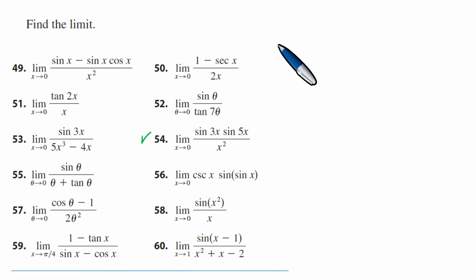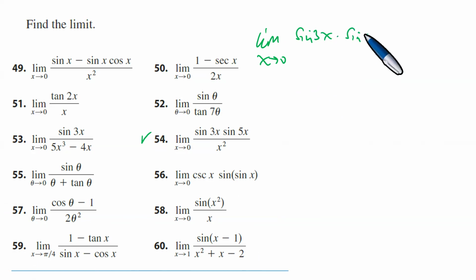What answer did you get? 15. Like 1-5. Yes. That's okay. Let's see what we're going to get together. We're just practicing. There are tons of questions that we're going to do. If we're doing the limit as x approaches 0 of sine of 3x times sine of 5x, you divide everything by x squared.